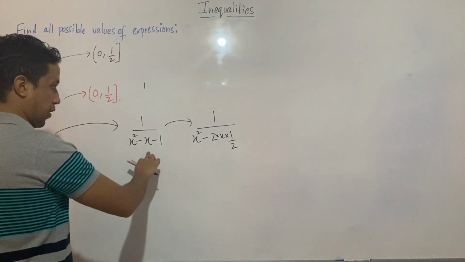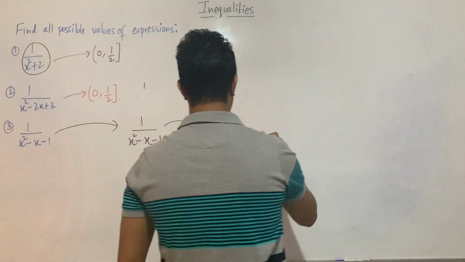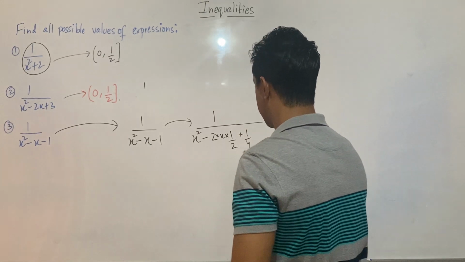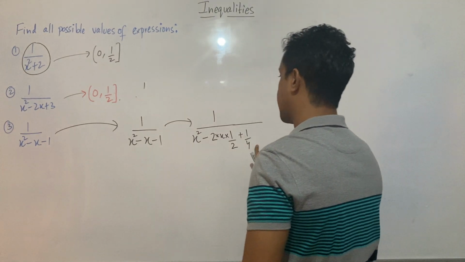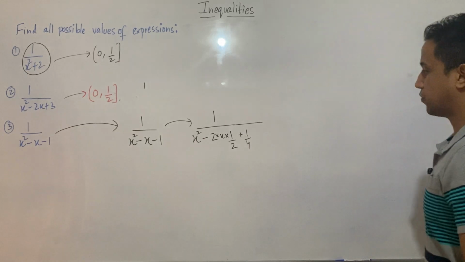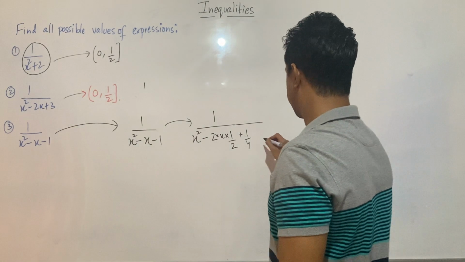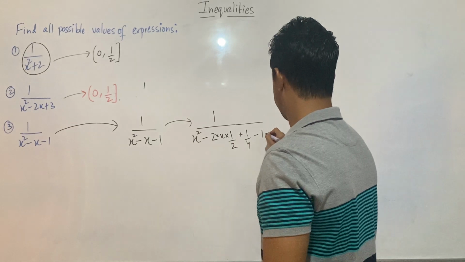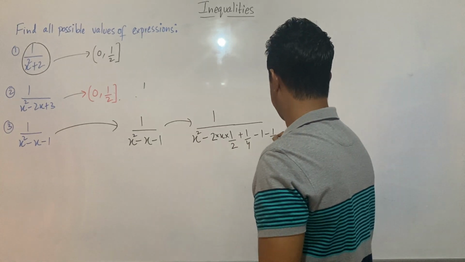And if here 1 by 2, then here I have to make 1 by 4, right? And 1 by 4, then here minus 1 and here minus 1 by 4.